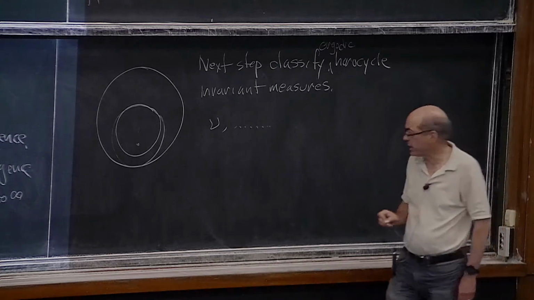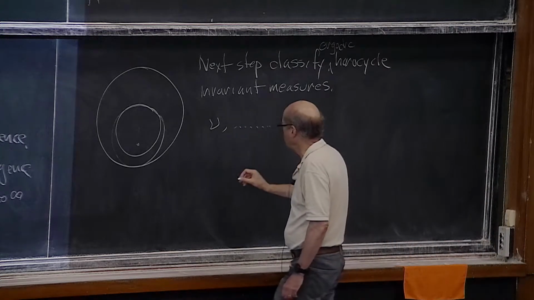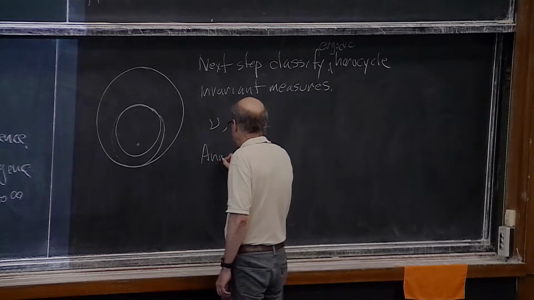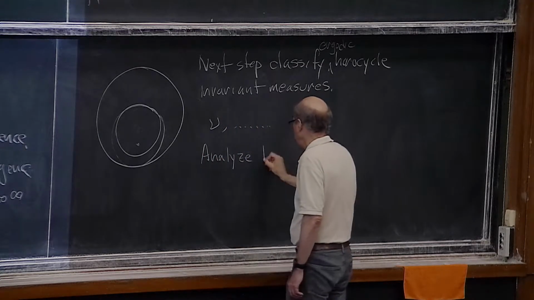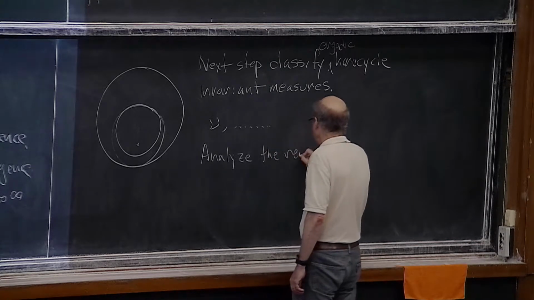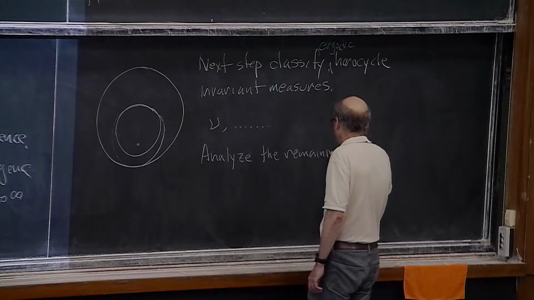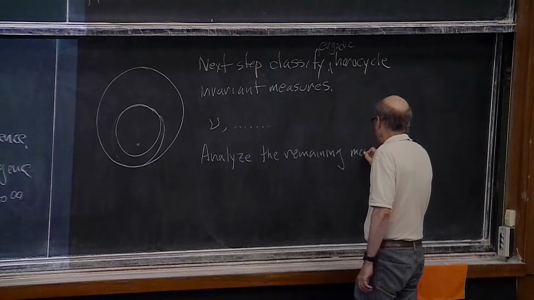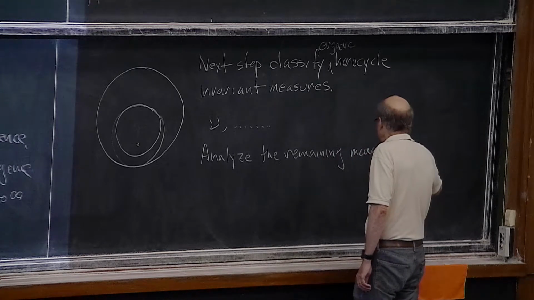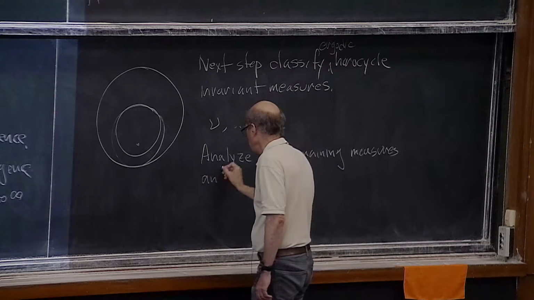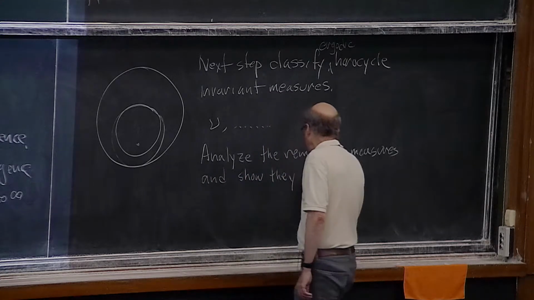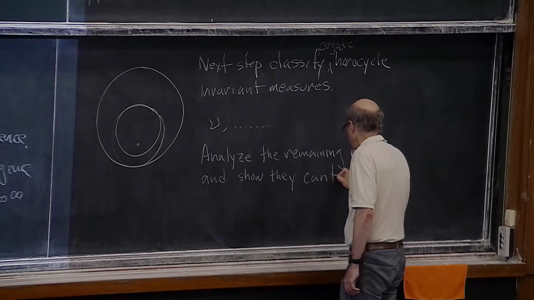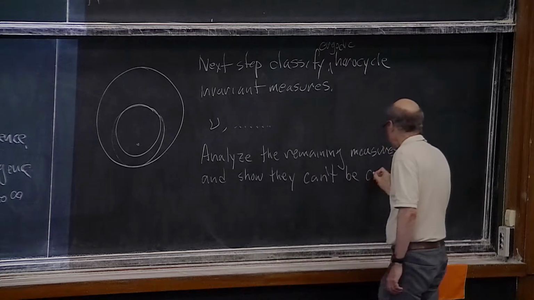Okay, so the trick then is to analyze the remaining measures and show they cannot be circle limits.